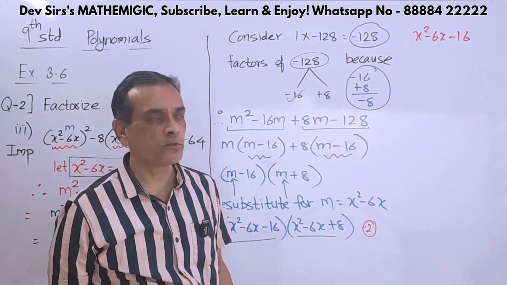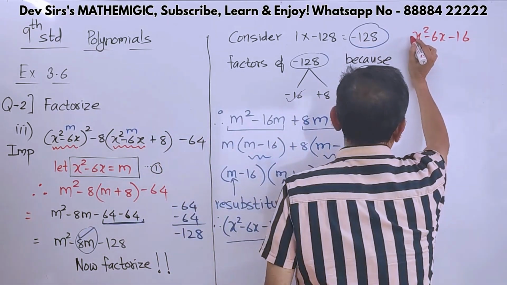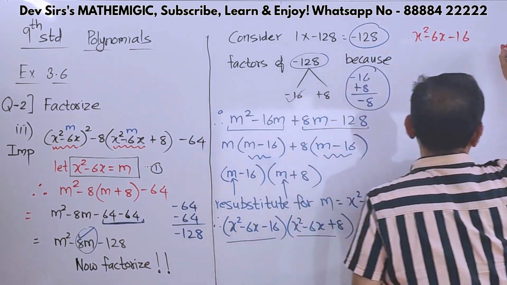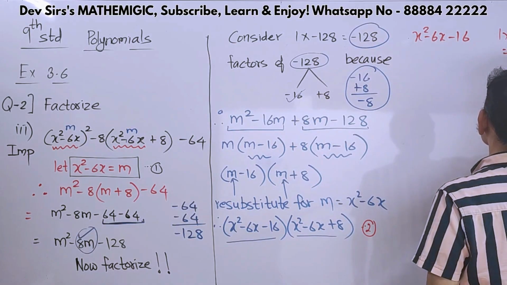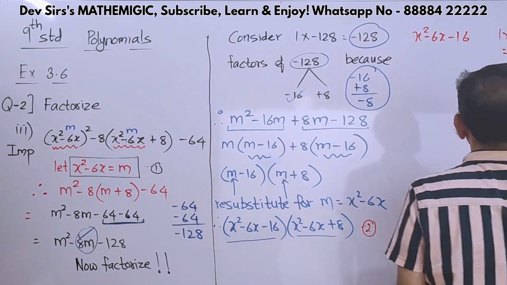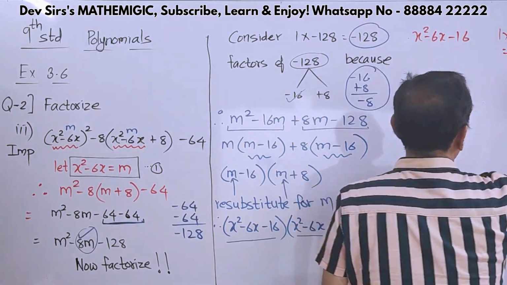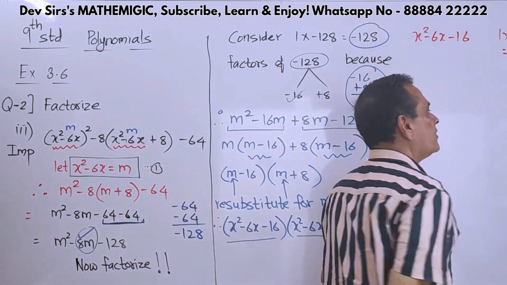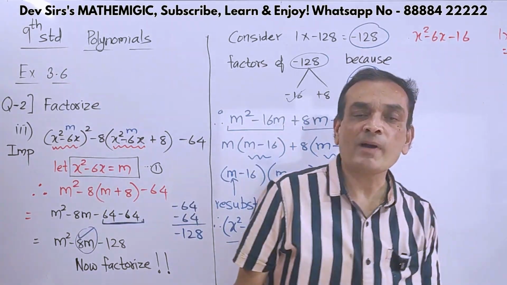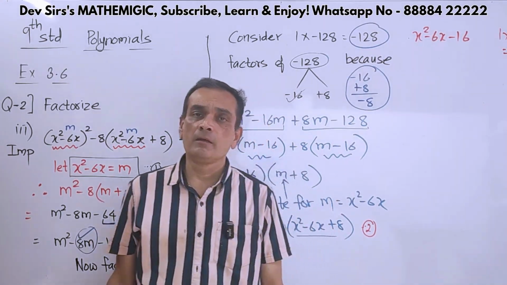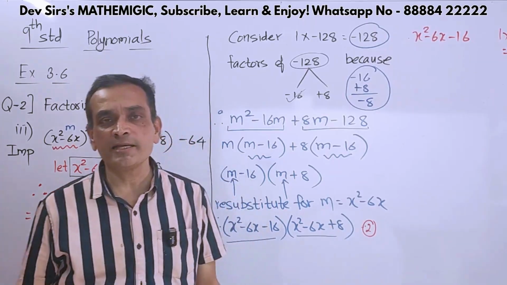Now you have got used to it. Take the first number from here, last number from here. 1 into minus 16 equal to minus 16. Now this number is negative, which means one factor is plus, other factor is minus. Why? Because plus into minus is minus.